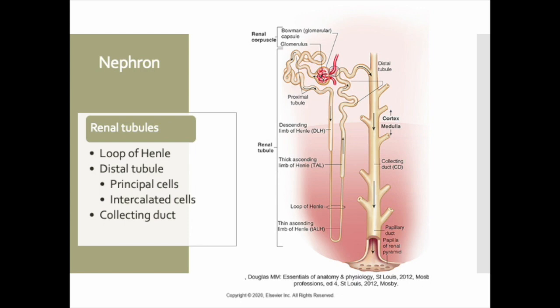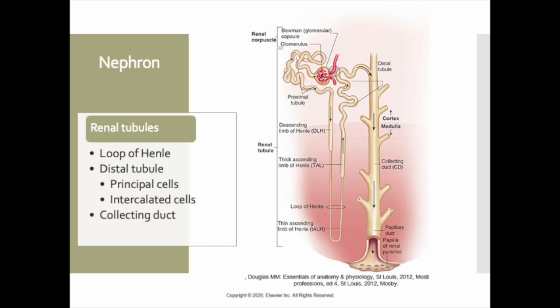Now we're looking at the renal tubule inside the nephron, and you can see here the proximal tubule actually continues from Bowman's space, and it has this initial convoluted segment and goes straight down, descending towards the medulla.